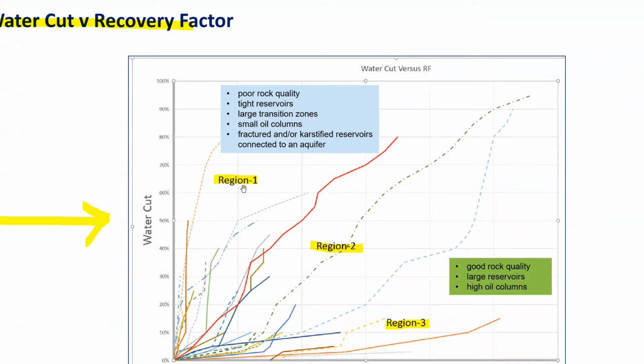So you have rapidly increasing water cut with respect to recovery factor, which is not good. But it's a given situation if you have reservoir properties like this. Unfortunately, you will have the risk of rapidly increasing water cut.